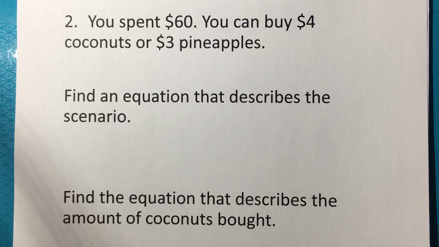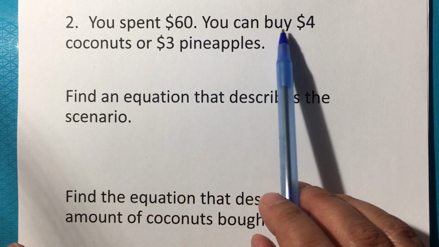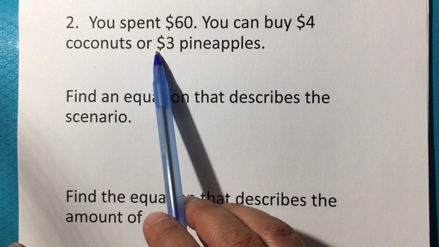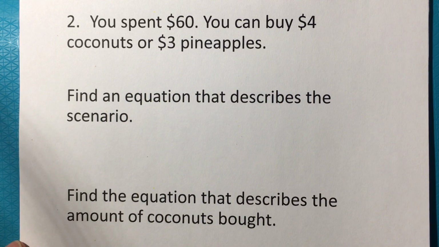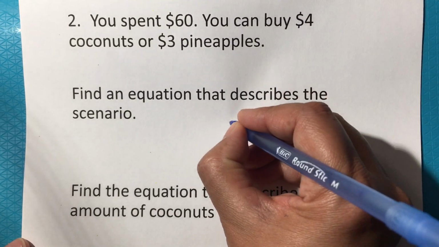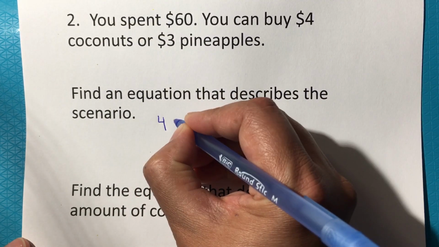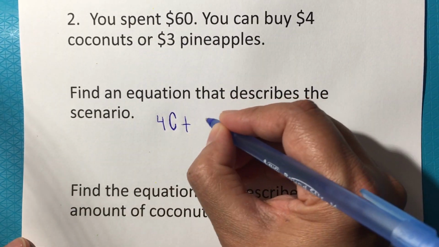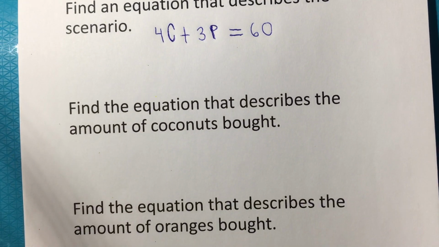Okay, now it says in here, you spent $60. You can buy $4 coconuts or $3 pineapples. Find an equation that describes the scenario. So you spent $60. You can buy $4 coconuts or $3 pineapple. It says find the equation that describes the amount of coconuts.